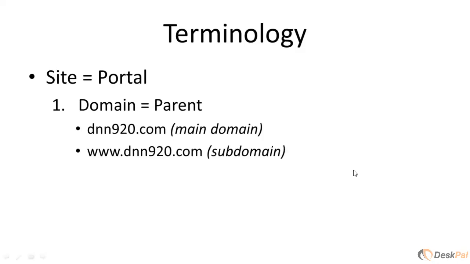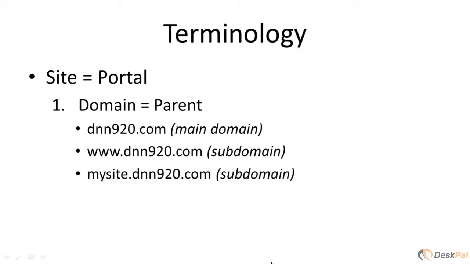Now, www is a subdomain as well. However, I consider it the main subdomain of domains, because usually there is a 301 redirect either from the main domain to the www domain or from the www domain to the main domain.